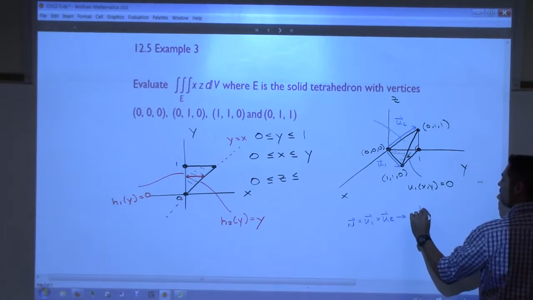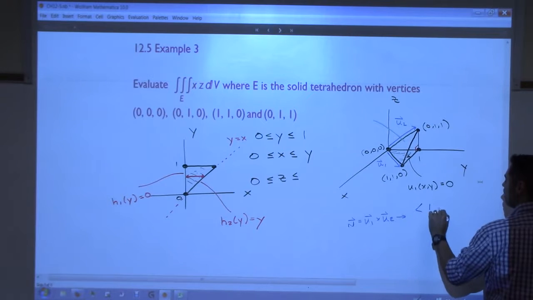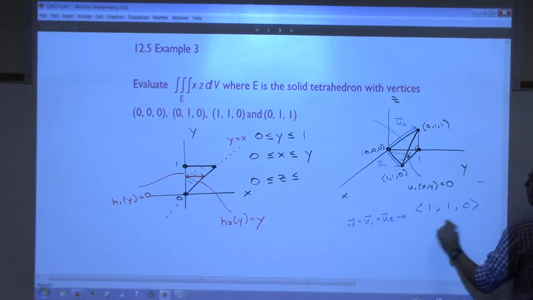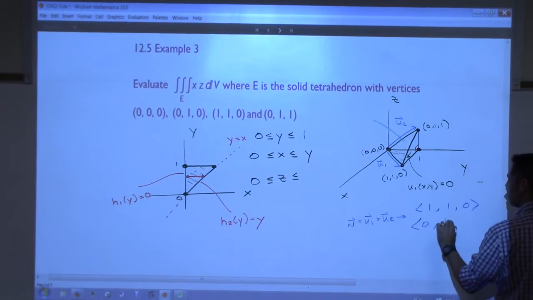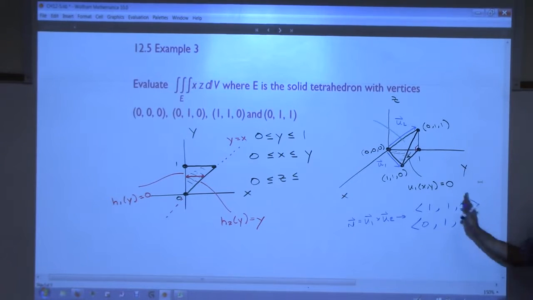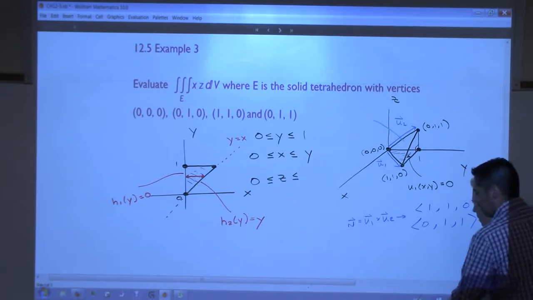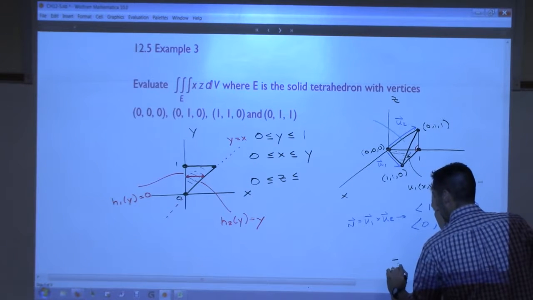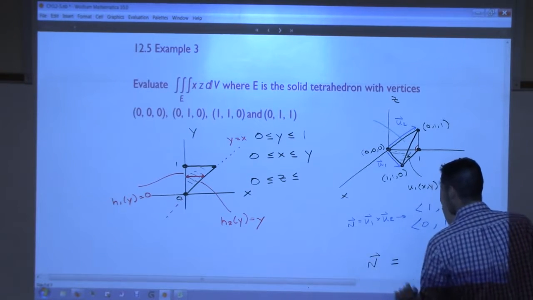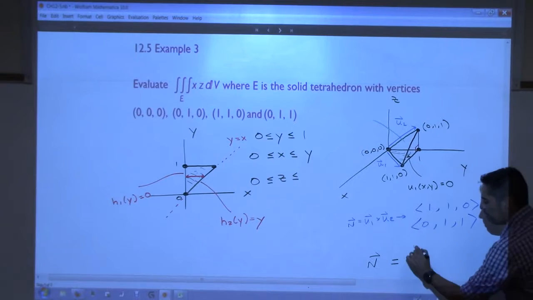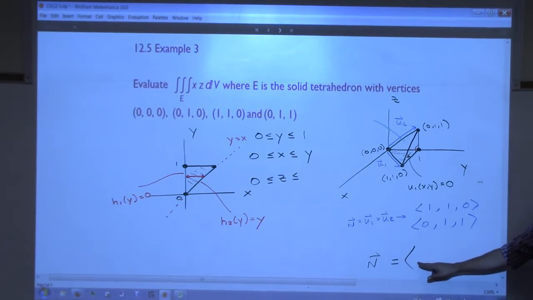Remember how to do that, right? I like to write them vertically, like this, and that way I can do the little, remember this thing? Okay, keep it going. The cross product will equal the normal, which is, so how do we get the i component of the vector?